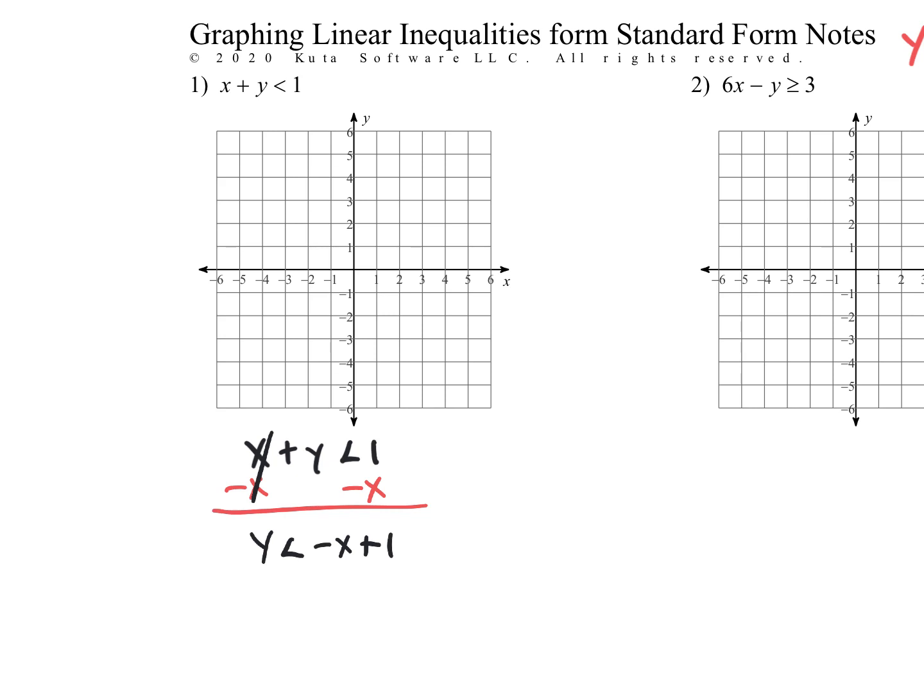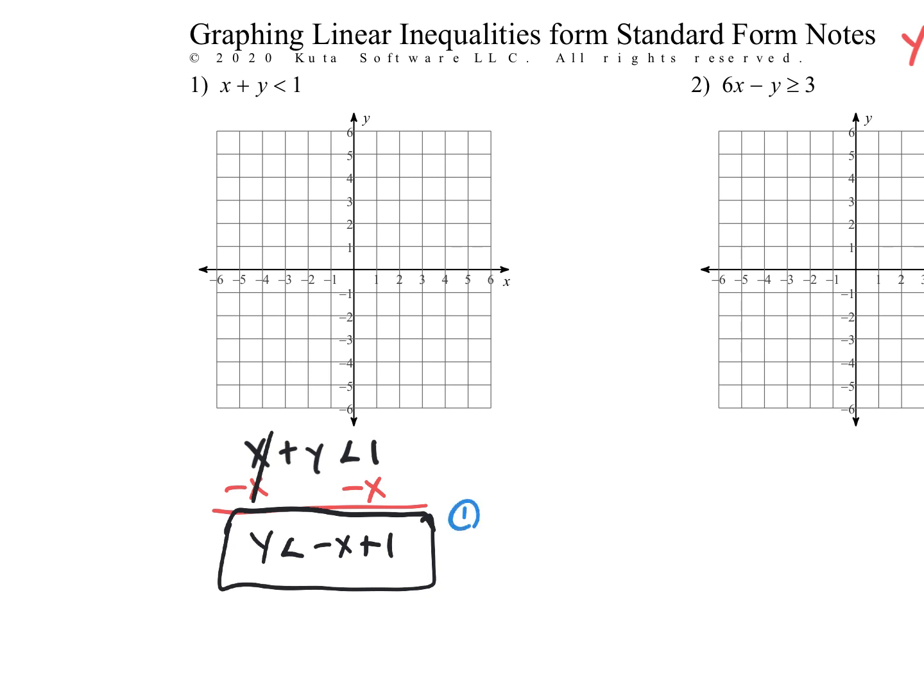This is key for a couple of reasons. Notice, the first thing I did was not write what kind of line I would have and where I would be shading, because it was not in slope-intercept form. However, now I have it in slope-intercept form, so we can get this thing rolling. Now we need to answer our 2 questions.